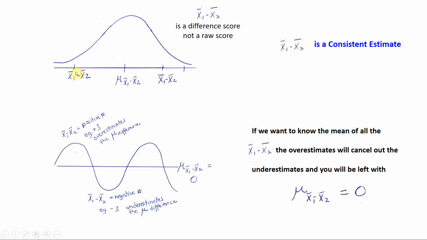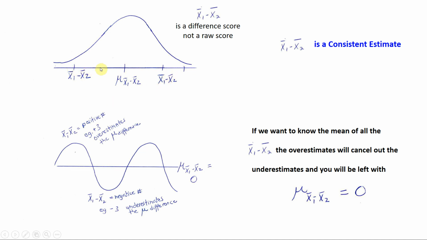These are negative distances. Remember, they're not raw scores. These are difference scores. These are negative distances. These are positive distances. And so when you add them all up, you get 0.